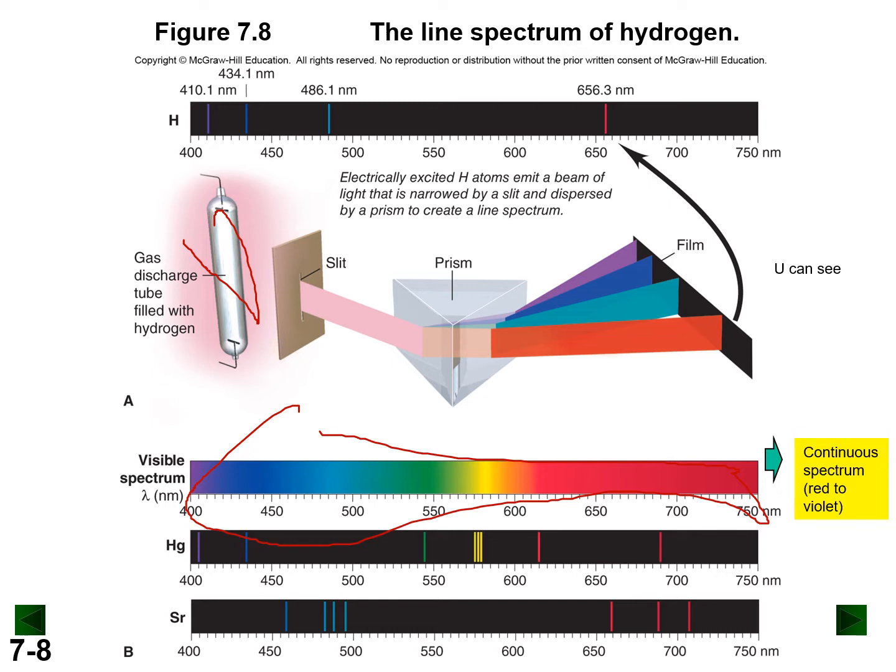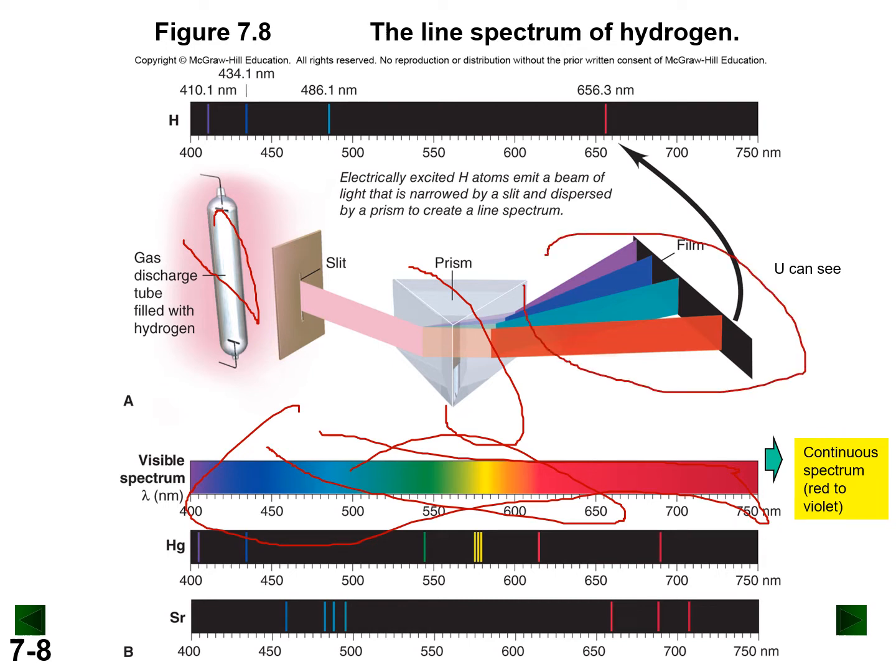When those electrons fall down to a lower energy level, they emit light. If you use something to separate the light, like a prism, for hydrogen you don't get a continuous spectrum like this. Instead, you will see these four lines of colors.